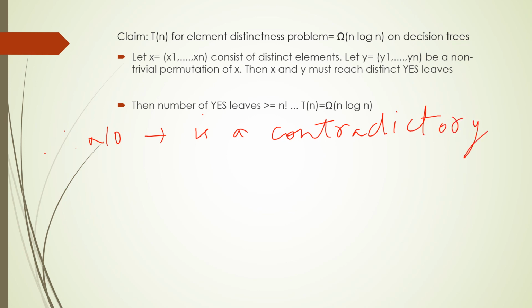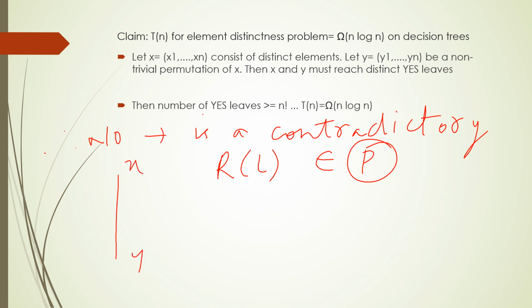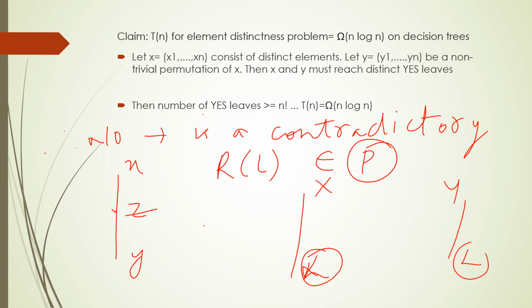So we have a no and two yeses, so they cannot be on the same L, even though they are on the same region R and belong to a point P. They are not like that; X forms a different leaf node, Y forms a different leaf node, and Z forms a different leaf node: 1, 2, and 3. So this is a yes, this is a no, and this is a yes.